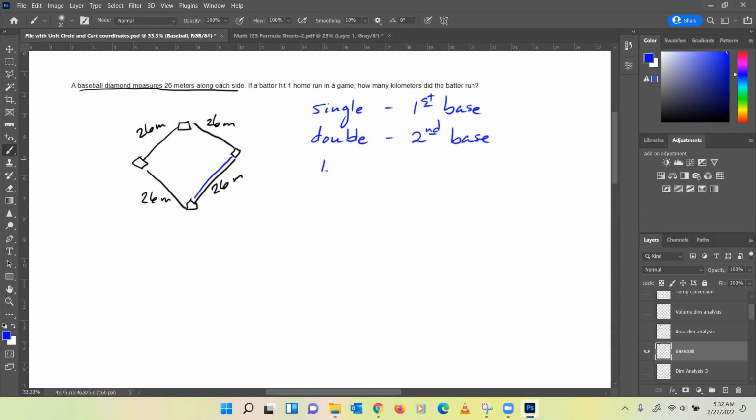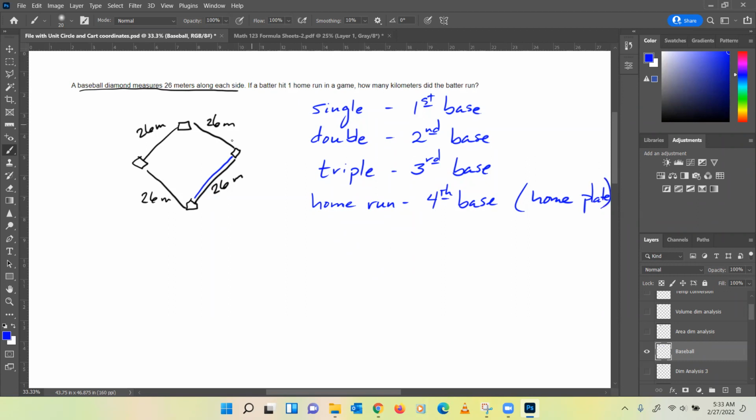A triple is, as you might imagine, when they can hit and keep running past second and make it to third base. And a home run is what they call it when somebody hits it and they can run around to all 4 bases. So I'll say fourth base, though we don't call it that. Home plate is where they end up, but that's a home run.